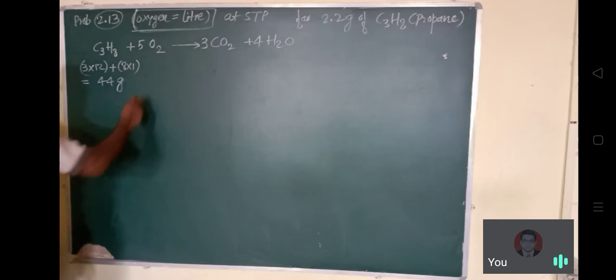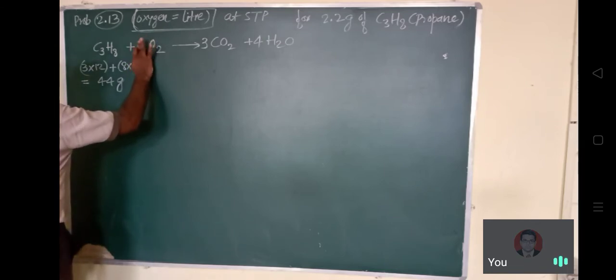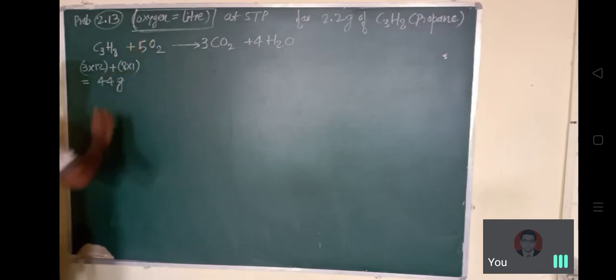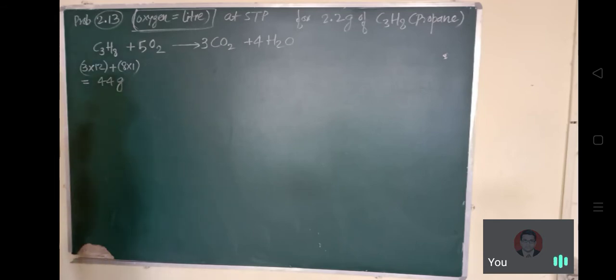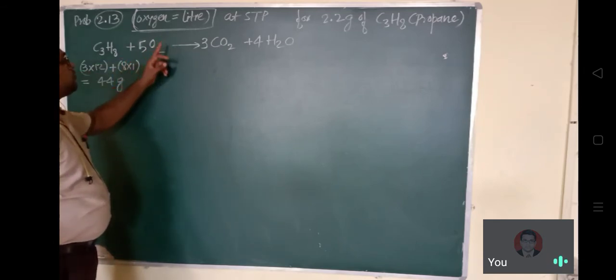Now look at this, 5 moles of oxygen. How will we find this in terms of volume?